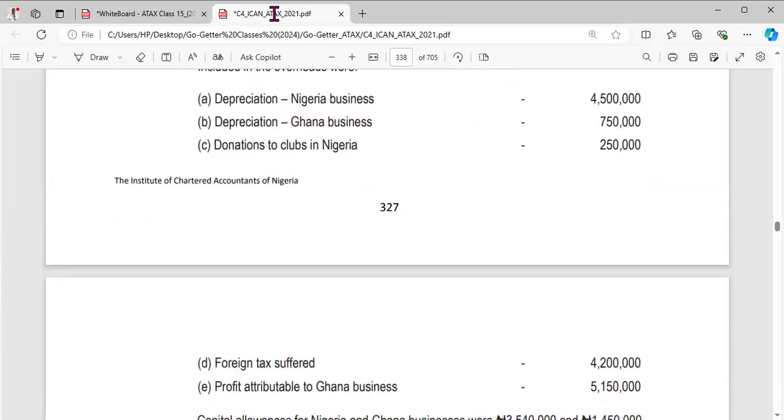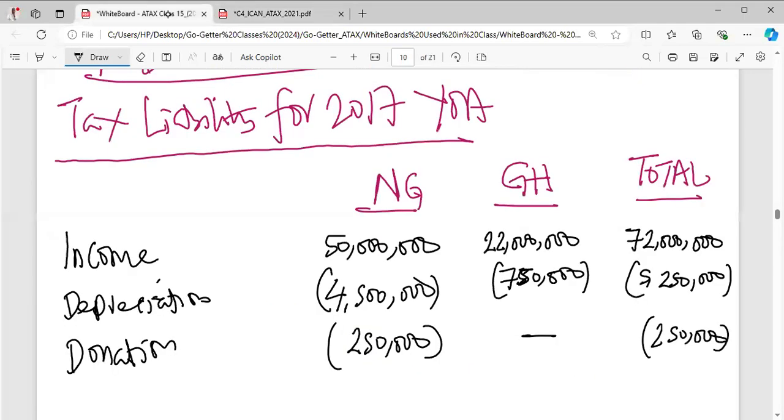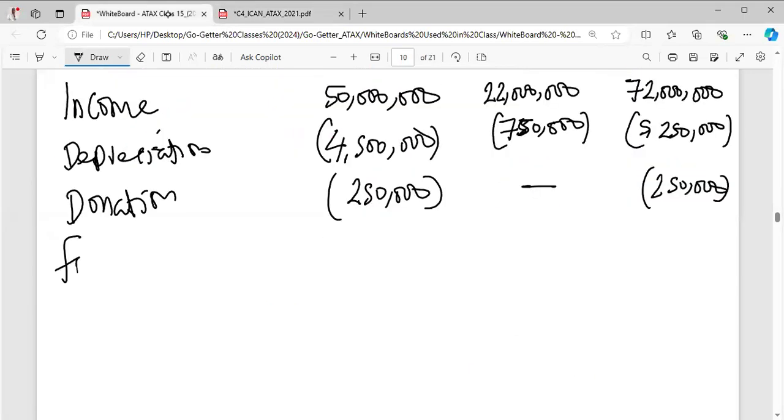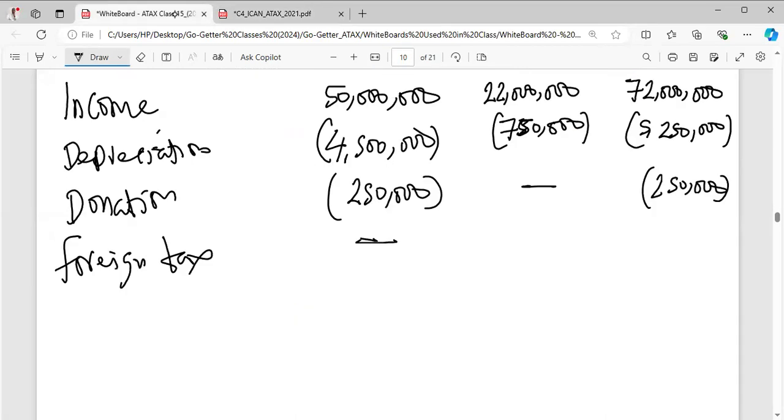Then we have foreign tax suffered. Of course, Nigeria will be a dash here. Ghana will be 4,200,000.